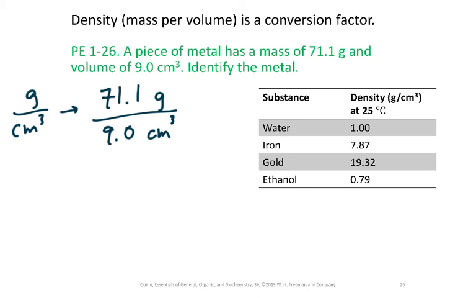And so if we were to take 71.1 divided by 9, we get 7.9 grams per cubic centimeter. So we only have it to within two sig figs here. So if we look at the table, what metal is this? This would be iron.